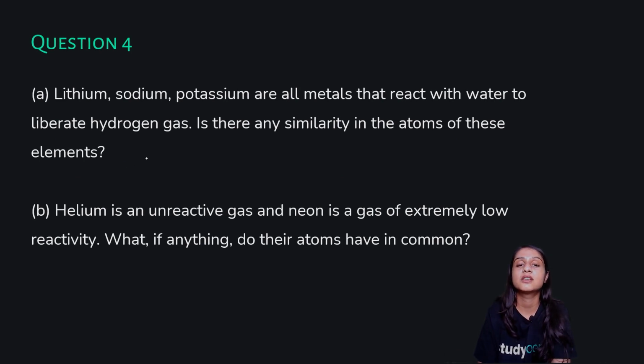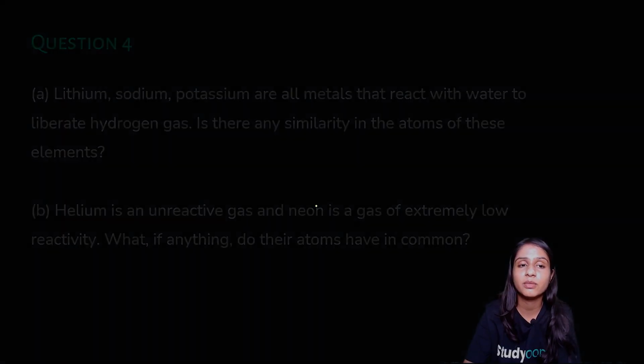Yes, each has a single electron present in its outermost shell. Okay. Helium is an unreactive gas and neon is a gas of extremely low reactivity. What, if anything, do their atoms have in common? They are both inert gases and unreactive. Okay, that you need to remember.